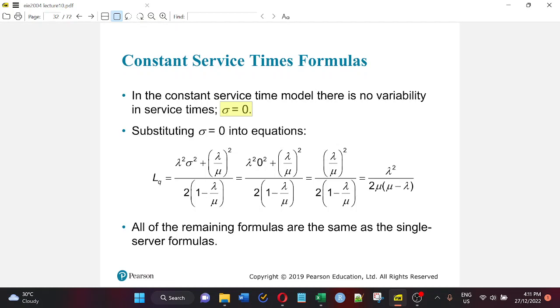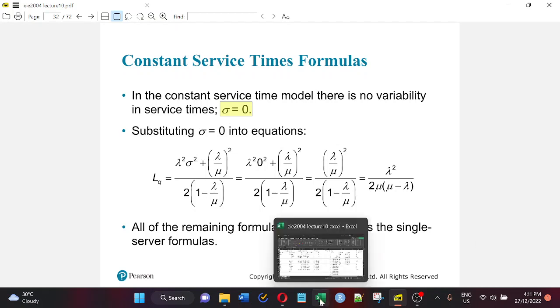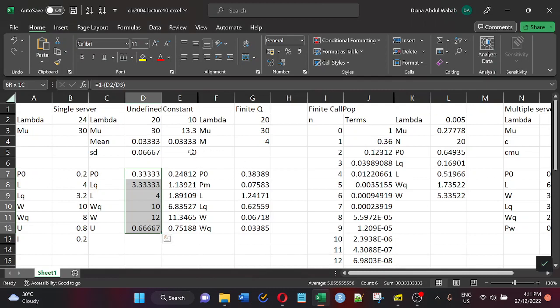But it doesn't matter. In Microsoft Excel, I'm still using the undefined service time formula for the constant service time. It's just that I changed this to be 0 instead of 0.066. I copy everything, and this is what I get.